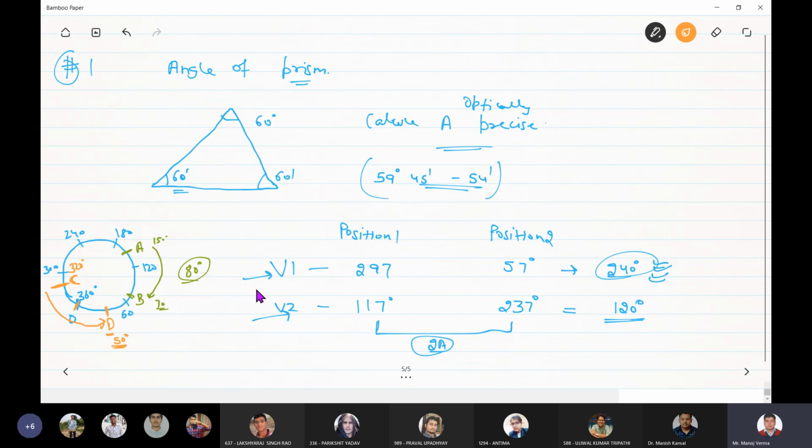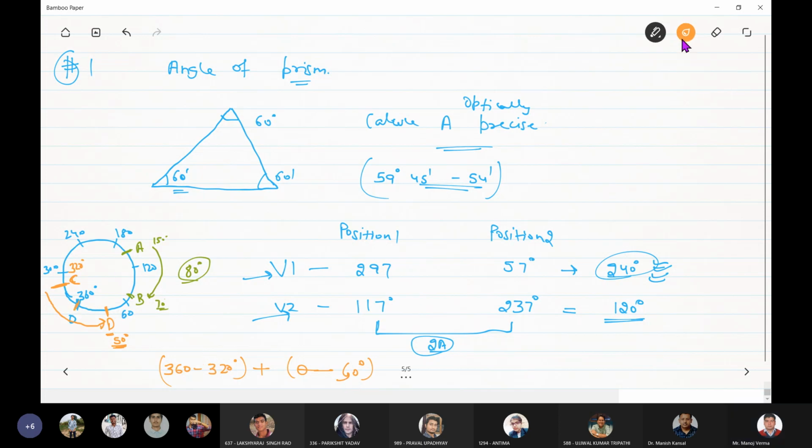So for that, what you have to do is take 360 minus the observation obtained in the first position, plus the observation from 0 to this 50 degree, right?